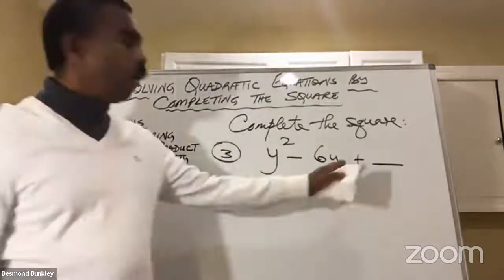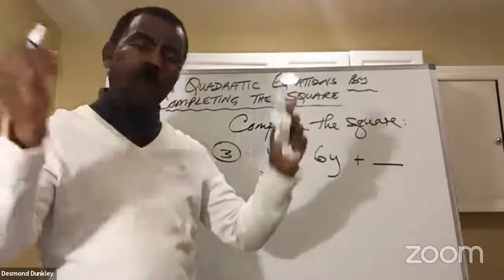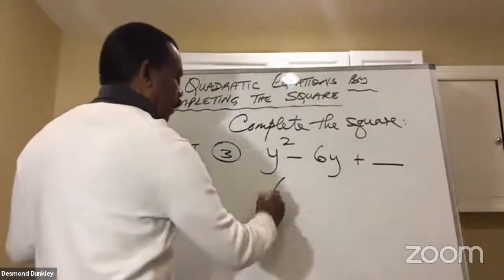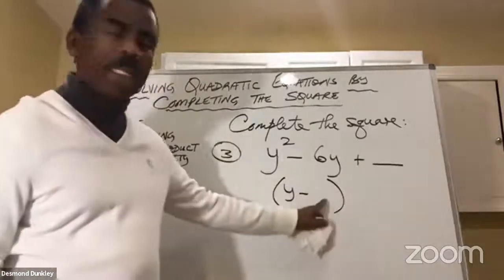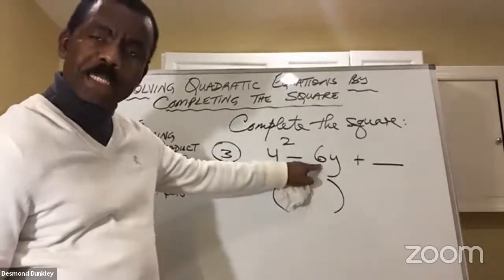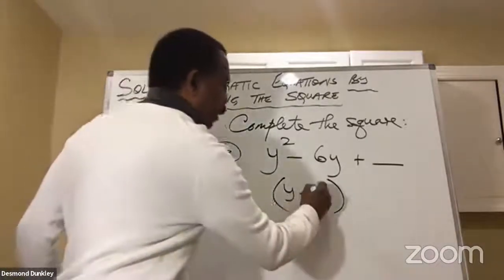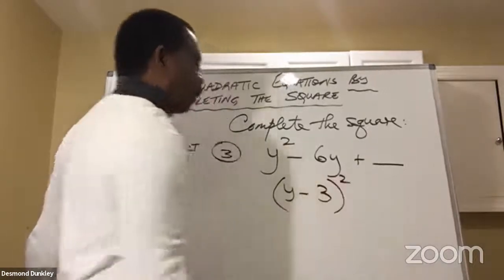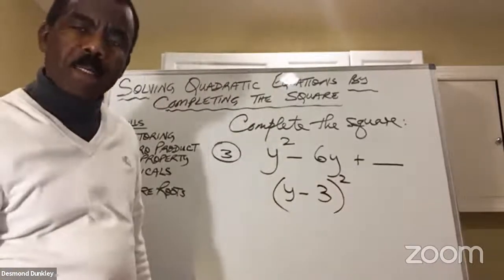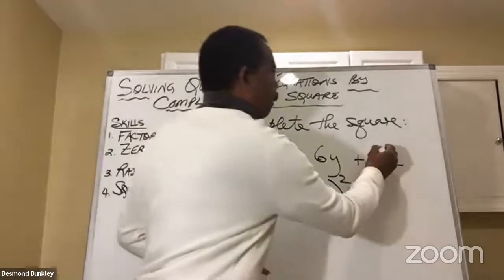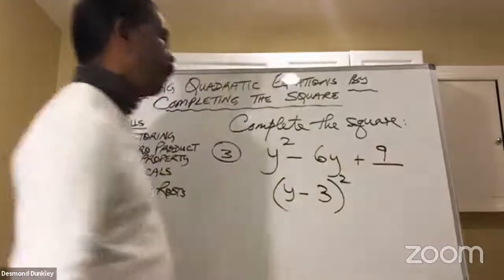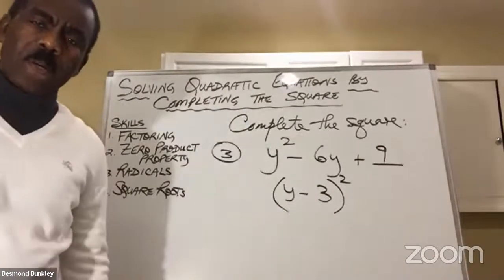This number will always be plus if it's a perfect square. Then the answer is y minus, and the number that goes here is half of this number. So it has to be minus 3. And then minus 3 times minus 3 gives us positive 9. So that's a perfect square.